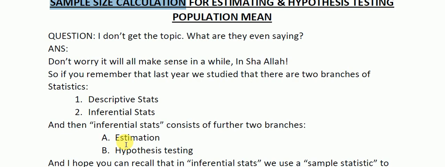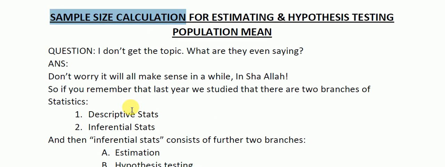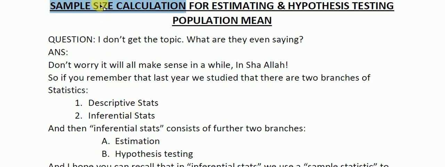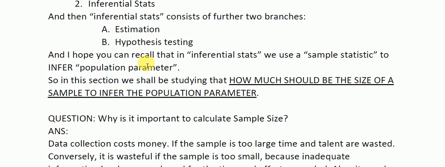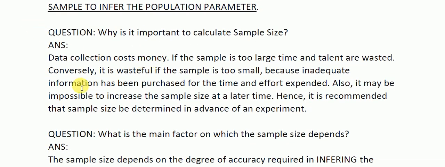If that sample is smaller, then our study won't be accurate, and if it's larger, then we'll be wasting our budget on a larger sample size, even though we could have done it with a smaller one. So that's why it's very important that we calculate what the sample size should be. So let's start.